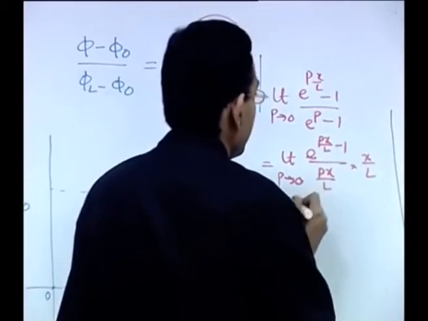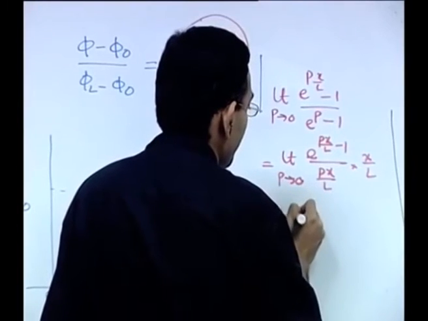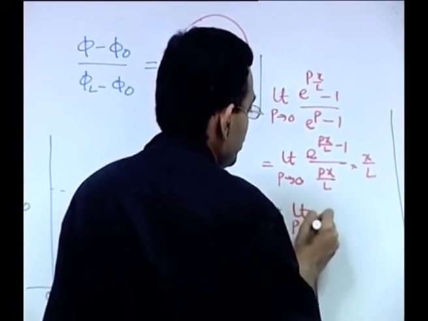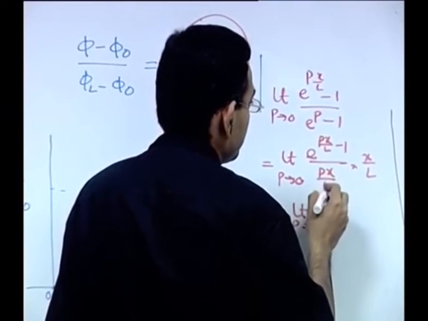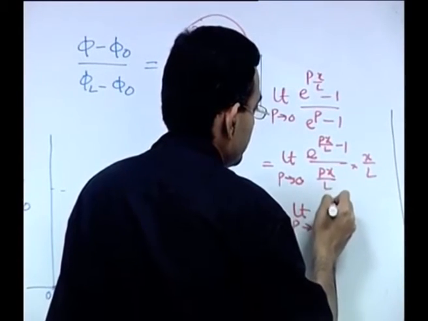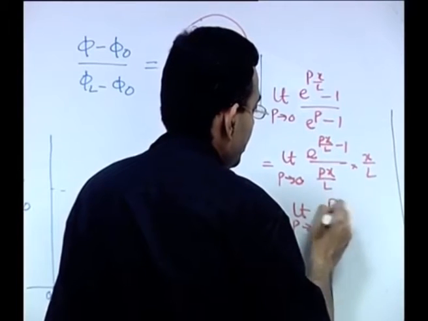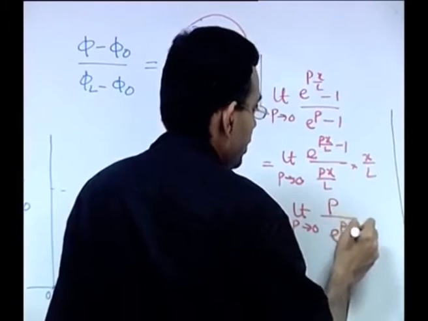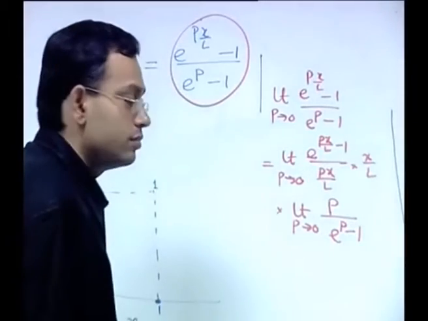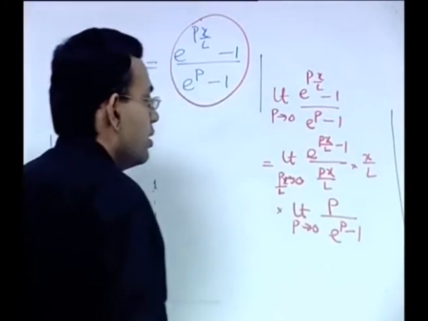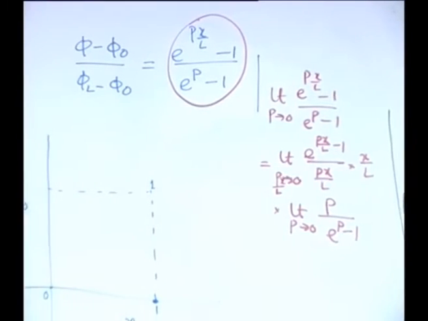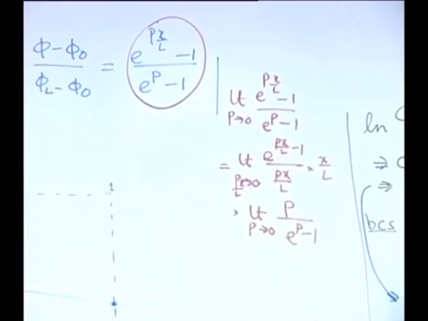So, this into limit as p tends to 0 of p by (e to the power p minus 1). When p tends to 0, px by L also tends to 0. So, it is a product of these two limits.